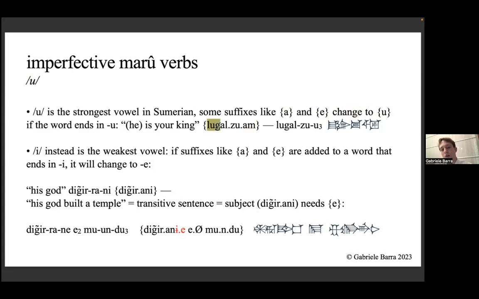And we have lugal tsu, which means your king, which ends in u. Since the copula is put right after the u, lugal tsu u, the m is lost and the a becomes u.